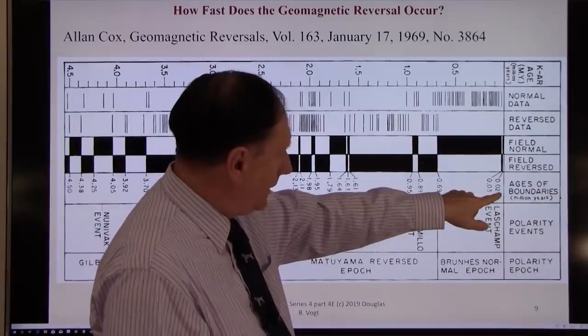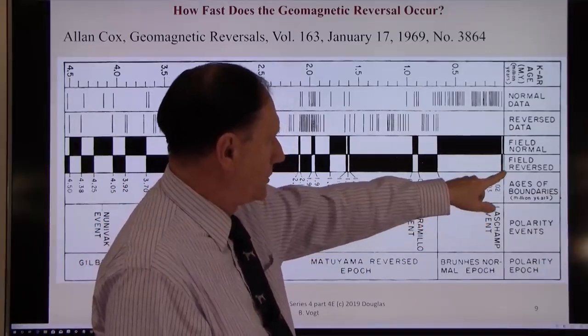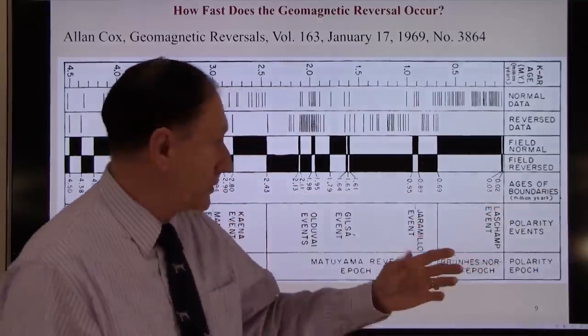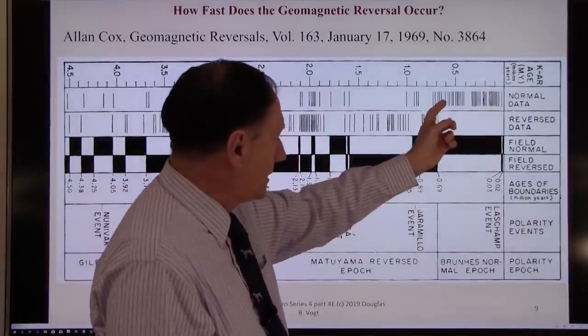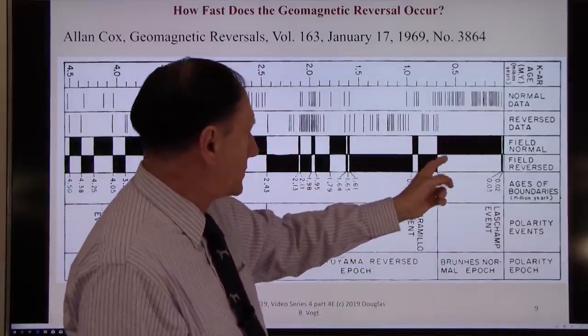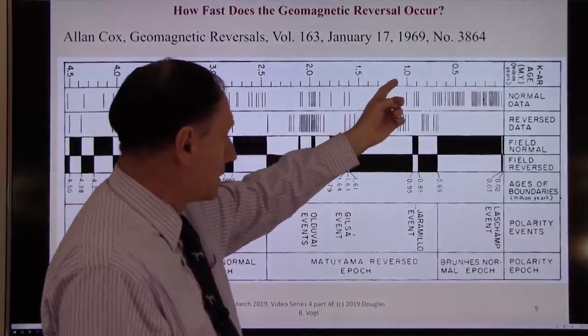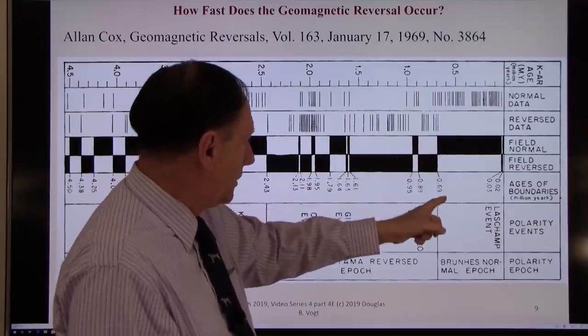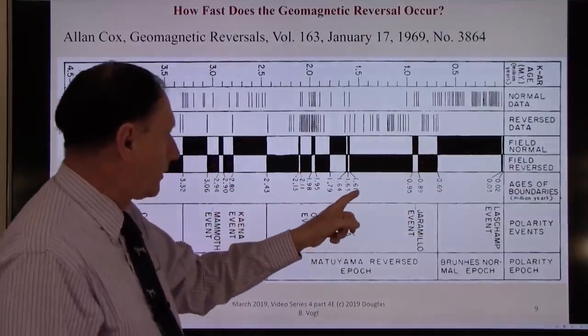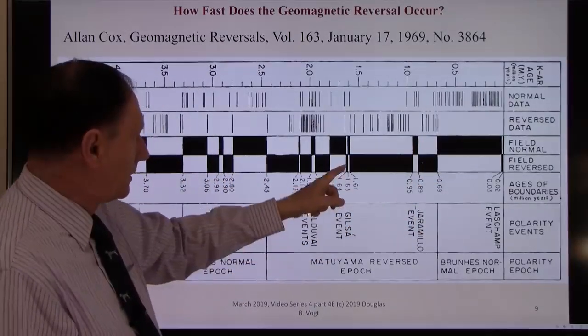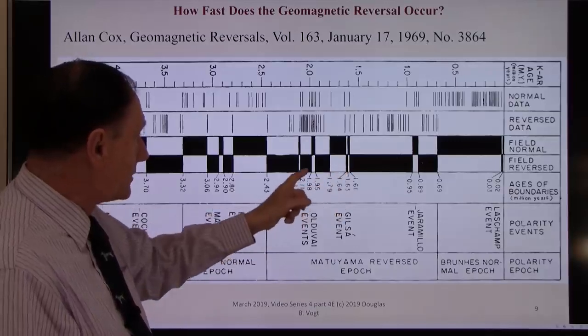Like here, it's like 10,000 years, he knows he's got a reversal. Well, I'm saying it's 12,000 years. He's got a bunch of readings here, and he's assuming this for time, which is obviously wrong. So some of these are only like 10 or 20,000 years between, is what his estimates are.